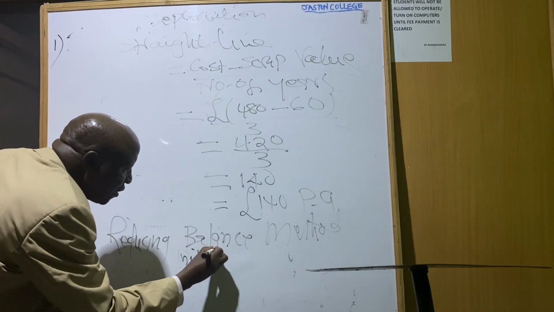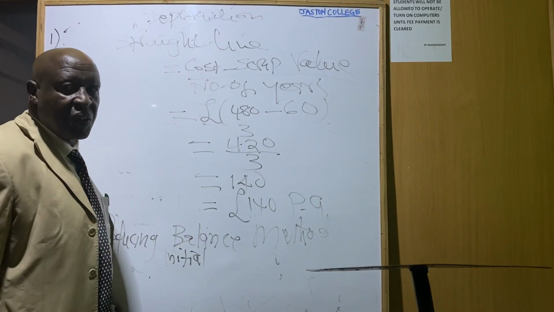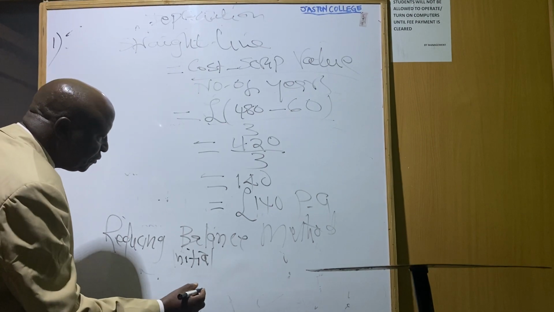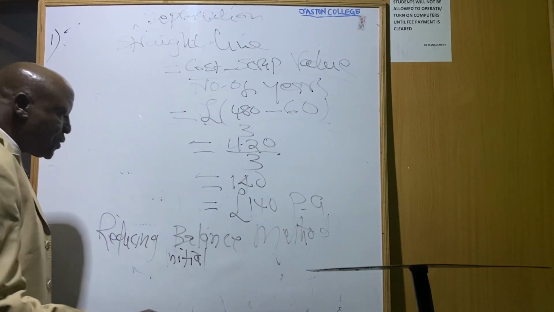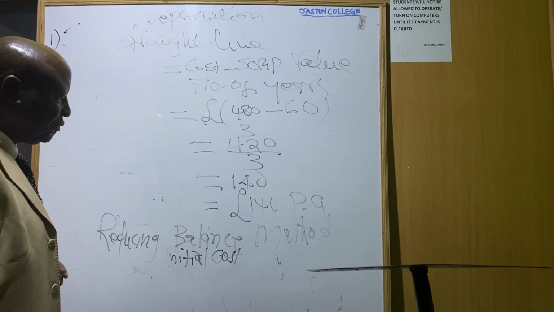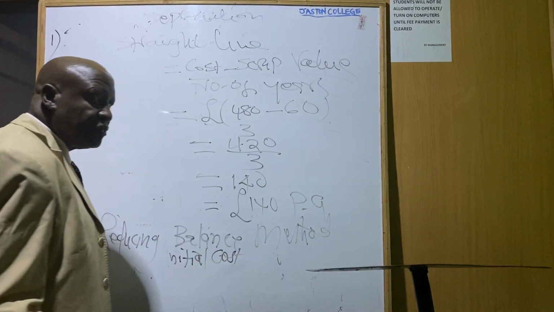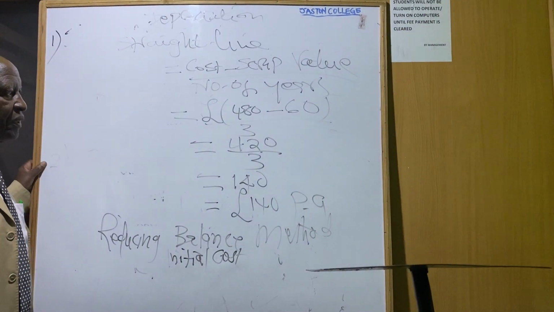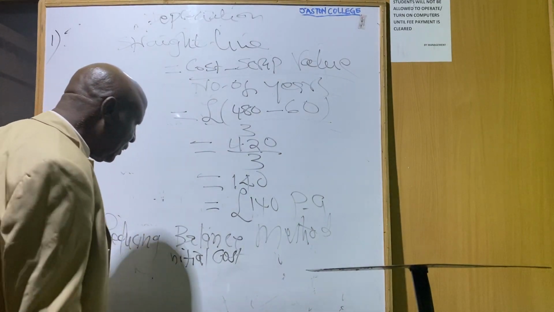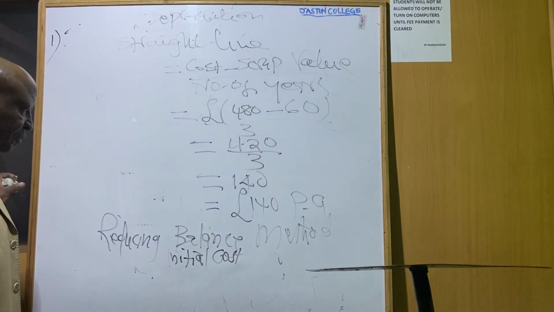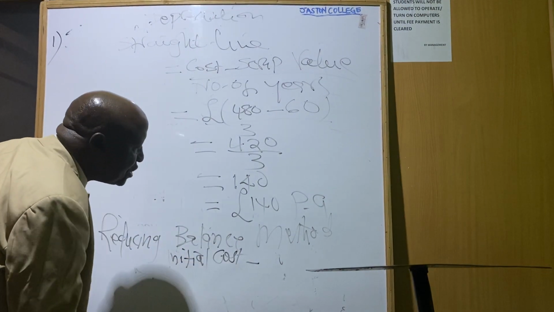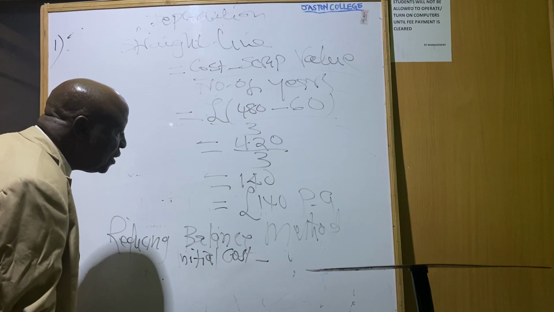We less the depreciation per annum for the first year, which was 140, to get the residual value. Initial cost minus the first year depreciation.